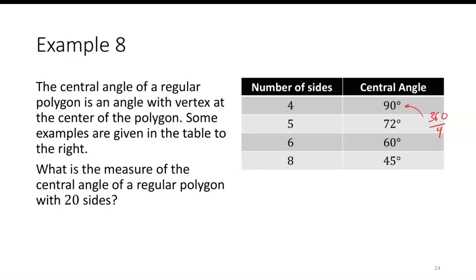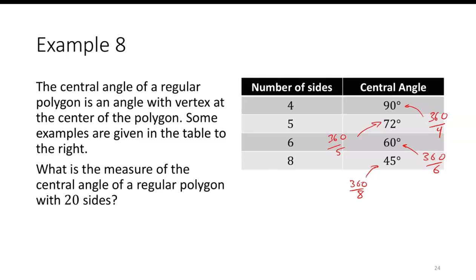When there's 5 sides, so if it's a regular pentagon, the central angle would be 360 divided by 5. For 6 sides, we get 60 degrees by going 360 divided by 6. For 8 sides, we'd be doing 360 divided by 8. That comes out to 45.